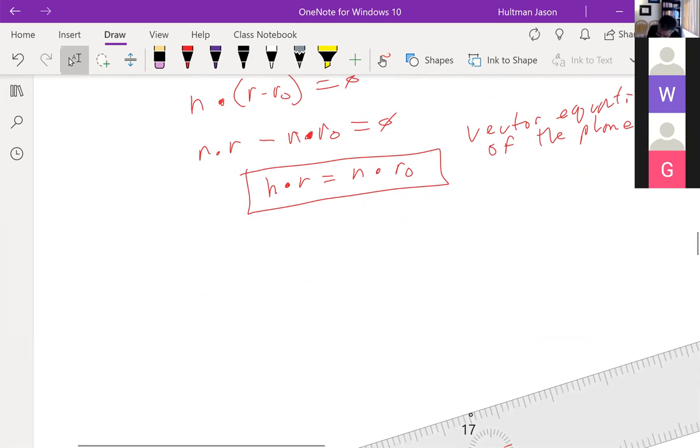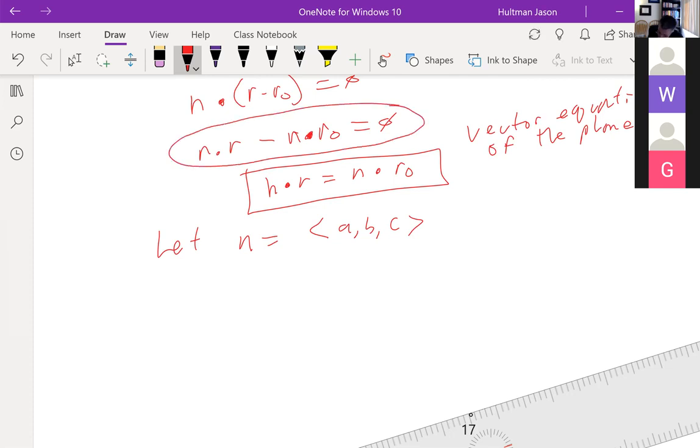Okay, so let's let n equal a, b, c. Now what is this going to become? Let's go back a step, to this step here.